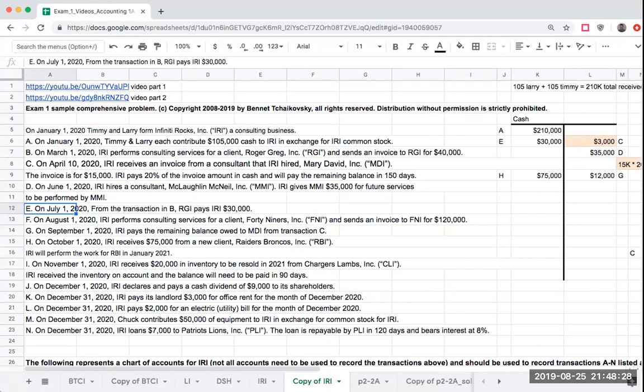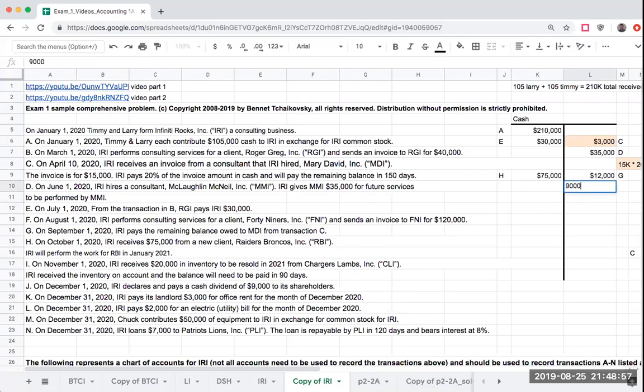Okay, so on December 1st, 2020, I declare and I pay a cash dividend of $9,000 to the shareholders. I realize we have not covered dividends yet, but what I want you to think about is when I'm paying a dividend to my shareholders, is my cash going up or down? Down. My cash is going down, so how do I show a decrease in cash, with a debit or a credit?